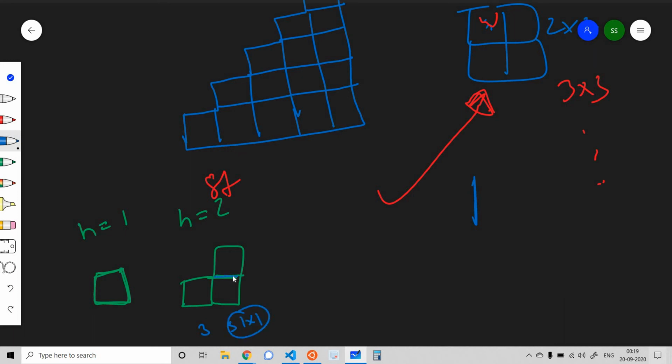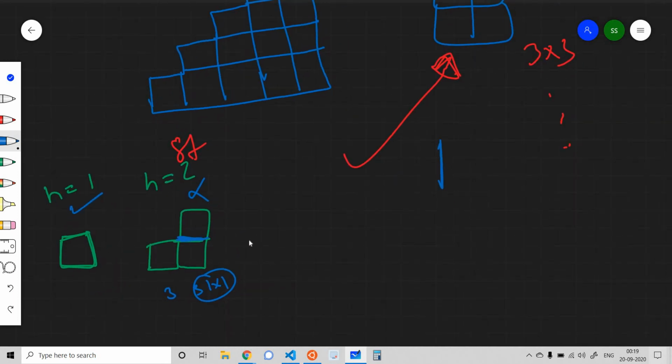They would have a common side, and this is not allowed. So this is not nice. This is a nice one. And if we try to build a staircase of size 3, it will look something like this. We can build it using a square of 2 by 2 and 2 squares of 1 by 1. You see, the same colored squares do not have any common edge. So 3 is also a nice staircase.